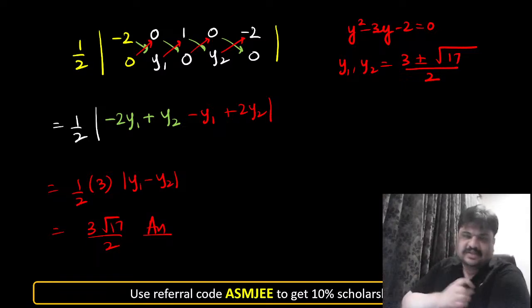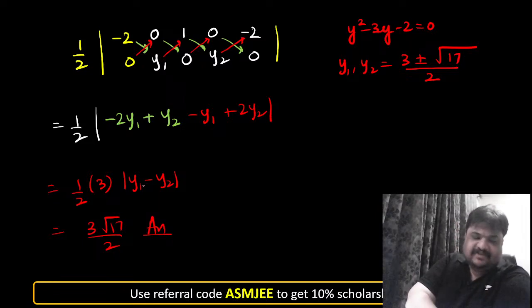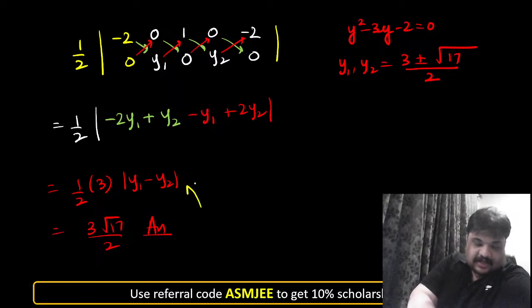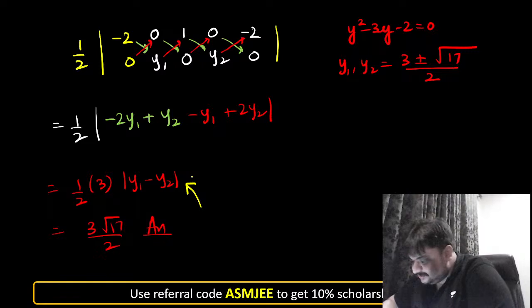That doesn't matter which is C and which is D, because otherwise it will be y2 minus y1. This will still be the same. It will be y2 minus y1, the difference of the roots. Agreed, Manchester City. Yes.